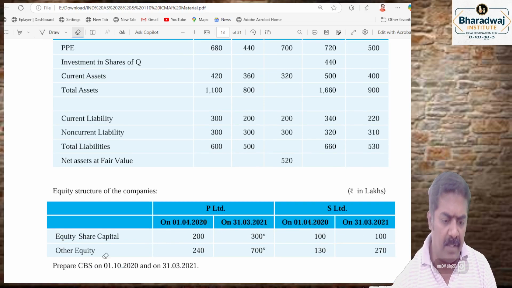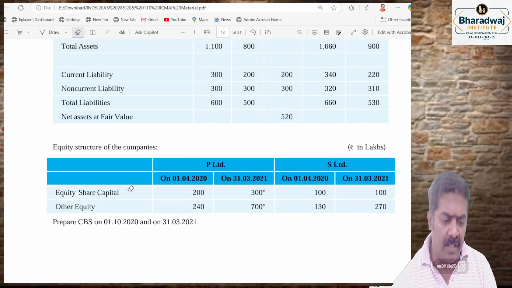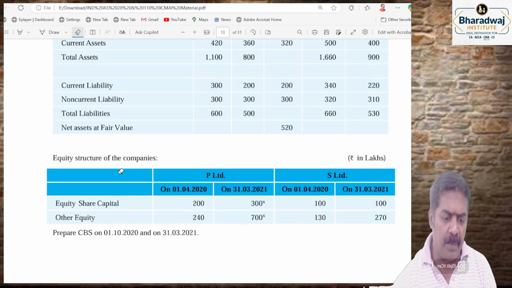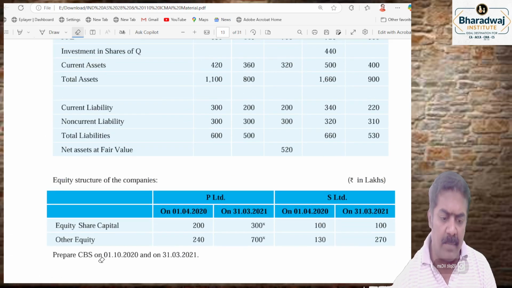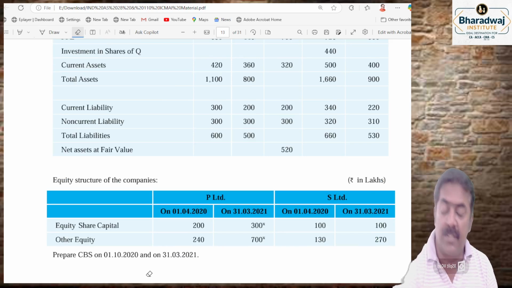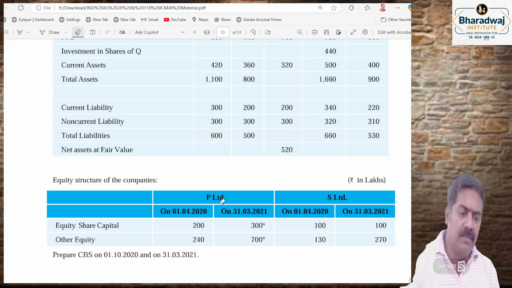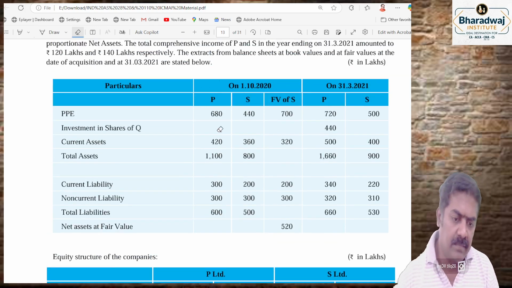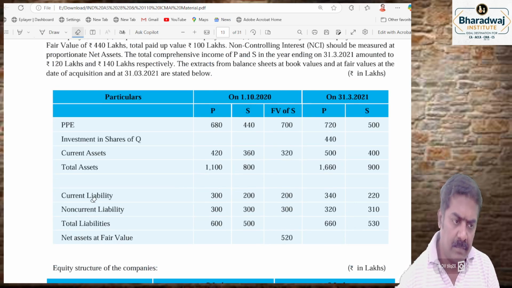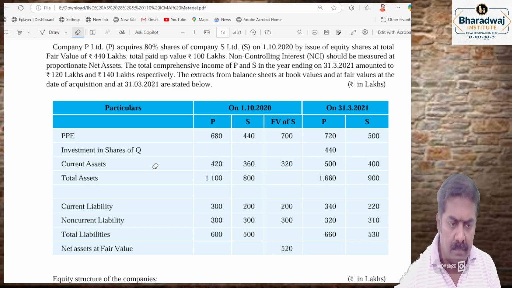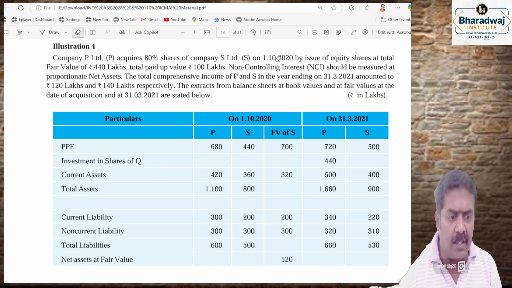Equity share capital and other equity are given. They ask you to prepare the consolidated balance sheet at the beginning of the year as well as when the shares are acquired, and the end of the year capital. When were the shares acquired? 1/10/2020.